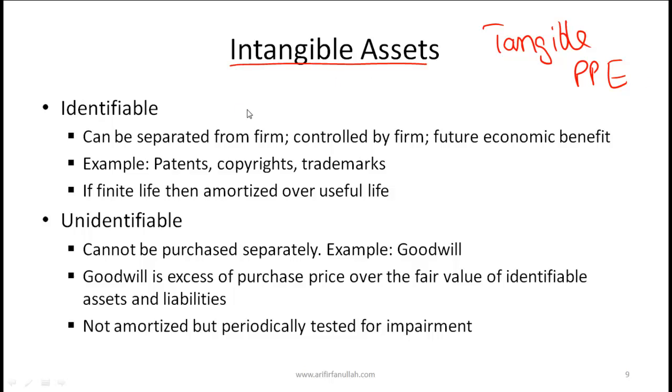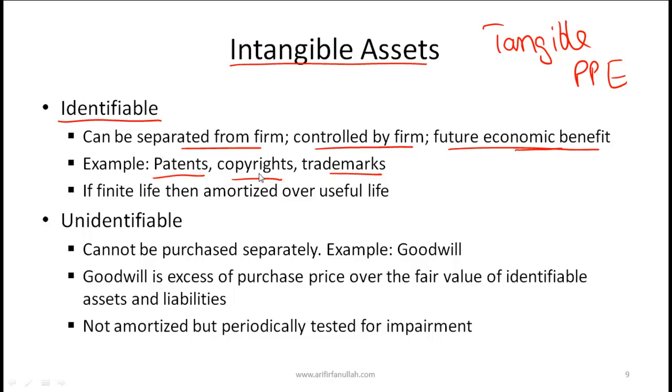So with intangible assets, the identifiable category are assets which can be separated from the firm. The criteria for identifiable means they can be separated from the firm, controlled by the firm, and there is some future economic benefit from these assets. Classic examples are patents, copyrights, trademarks. Now these identifiable assets can have a finite life.